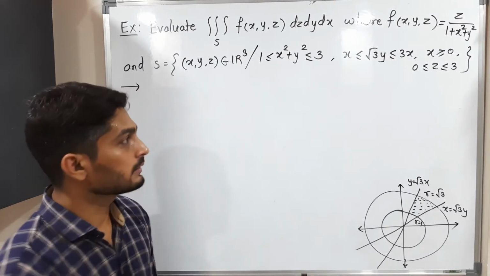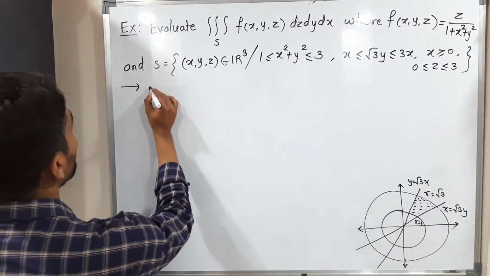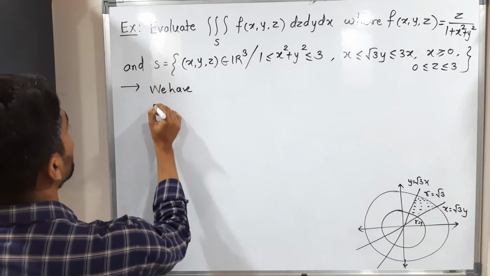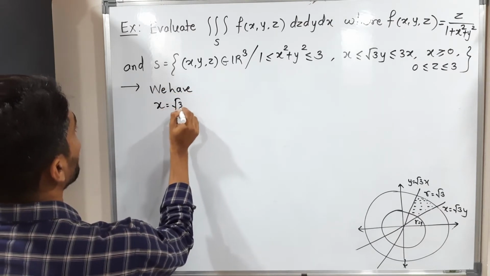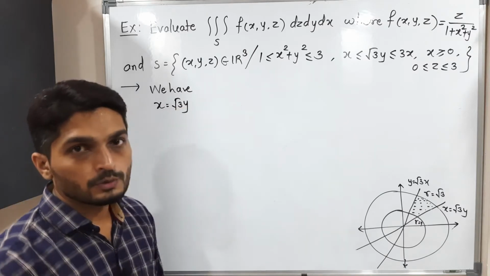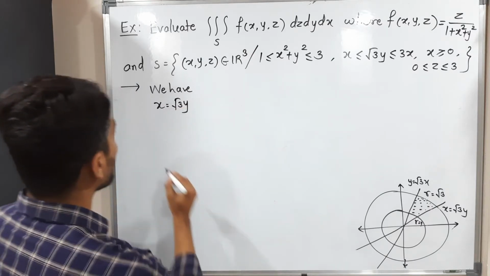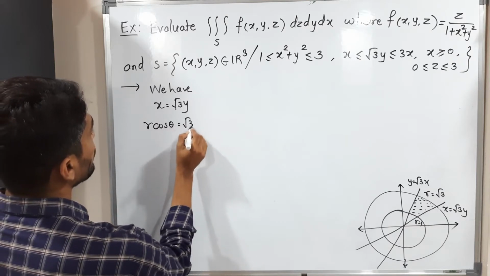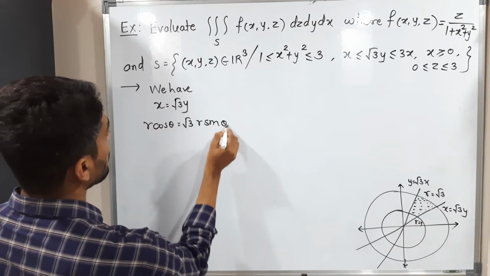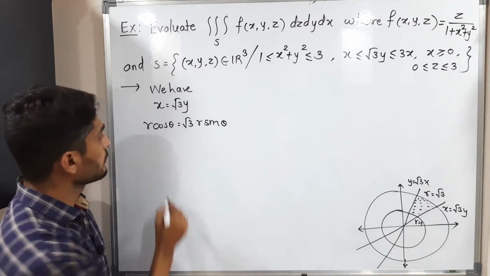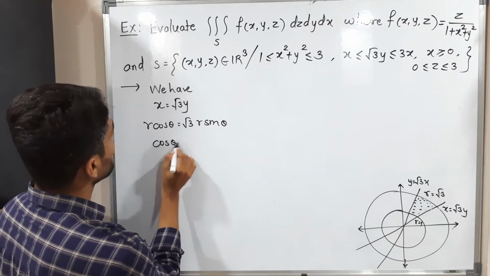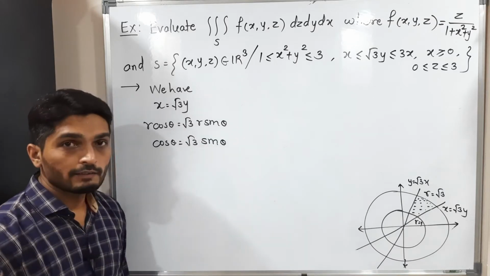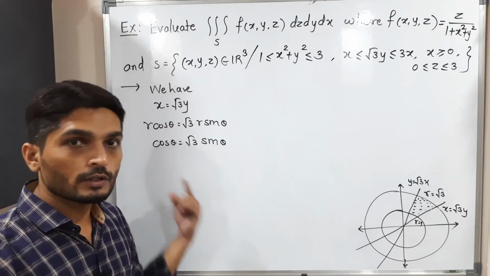See, now we have a line, getting? So we have x is equal to root 3 y. So let us convert it into cylindrical polar coordinates. x is equal to r cos theta, correct? y is equal to r sin theta. So r will get cancelled. cos theta is equal to root 3 sin theta. I will shift root 3 on this side and cos theta on that side.